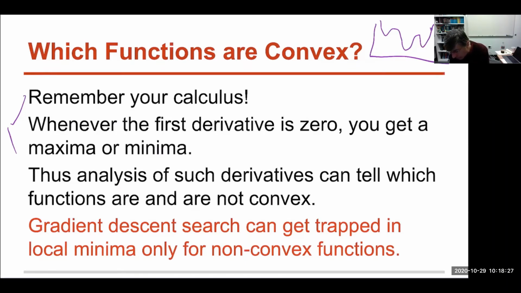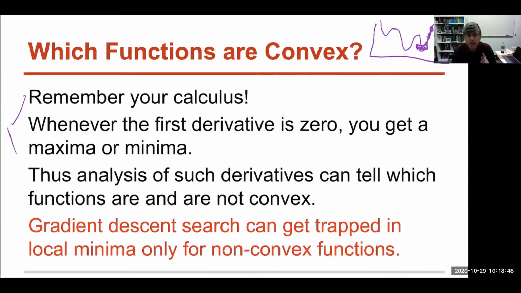What happens if you start at this point and do a gradient descent search? You would look around in the local neighborhood, and this is going down, this is going down, this is going down. Here there is no direction, the derivative is 0. You would report this as a solution.